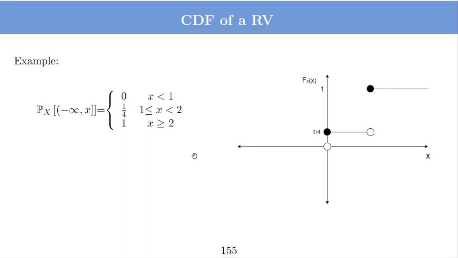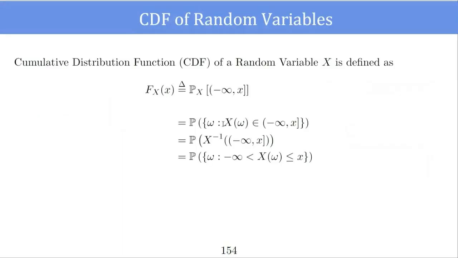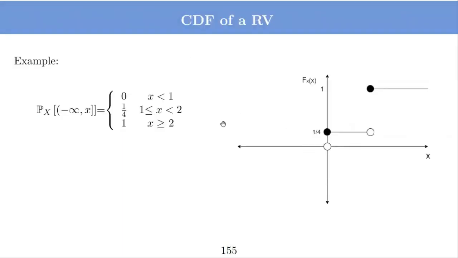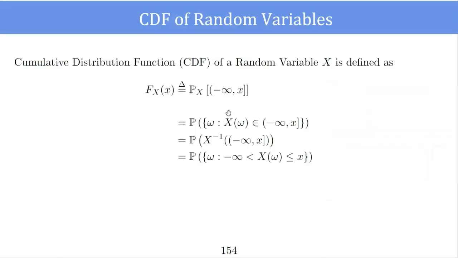So just by applying the formula, we can calculate the CDF of any random variable. We assume the probability measure is already known, so we know the probability space (Omega, F, P) and the probability measure on Omega.